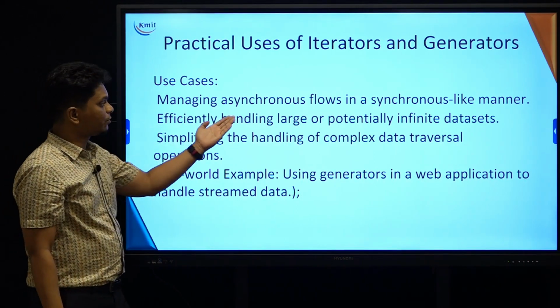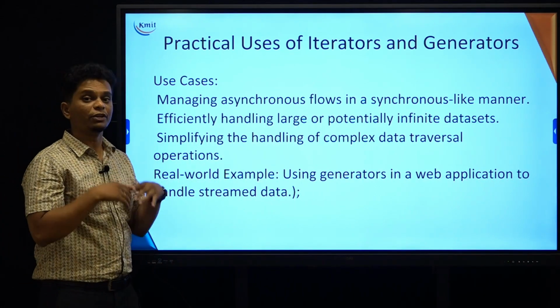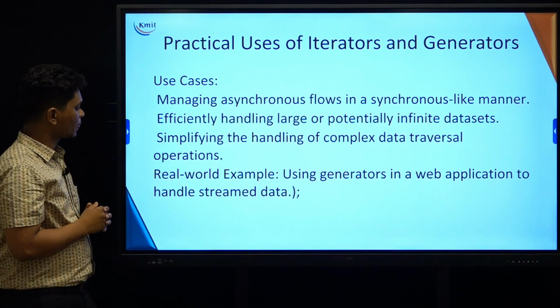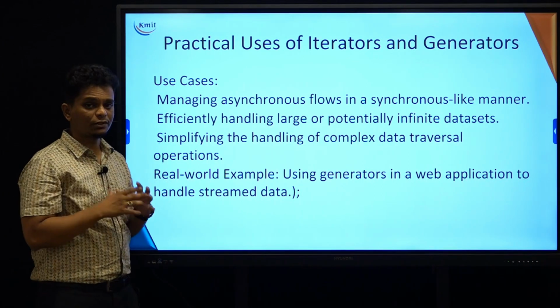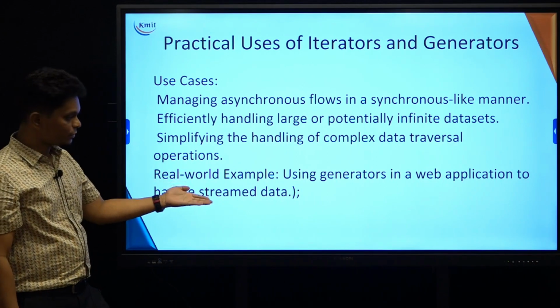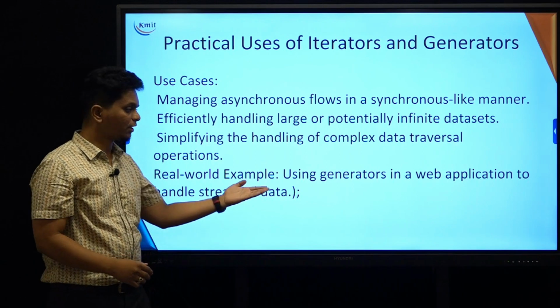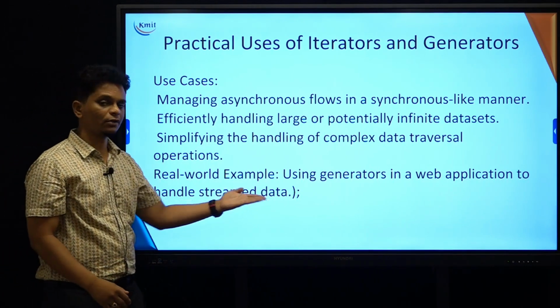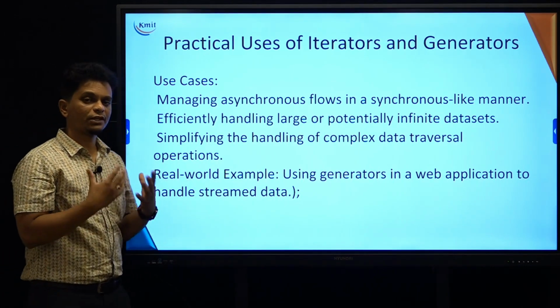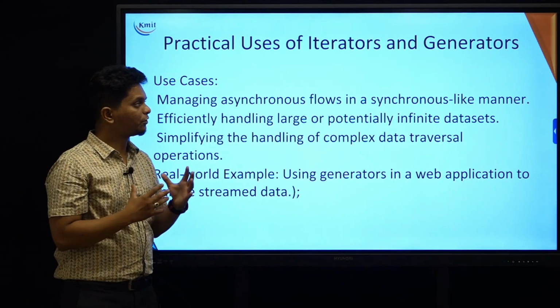They help in managing asynchronous flows in a synchronous-like manner, efficiently handling large or potentially infinite data sets, and simplifying the handling of complex data traversal. One real world example is using generators in web applications to handle streamed data. Like Netflix and other online platforms that have streamed data, in such cases we use iterators and generators.